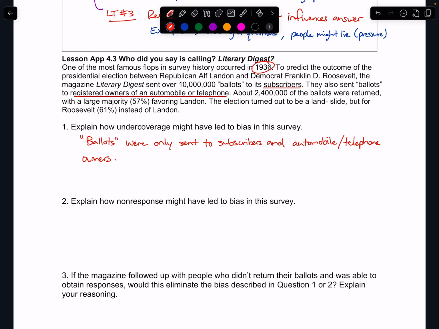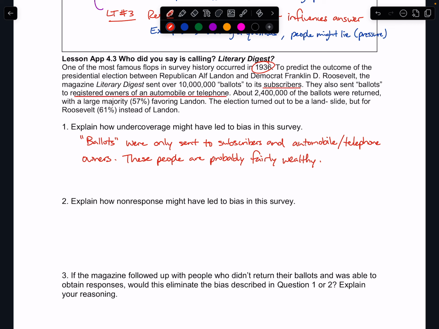If they have a subscription to Literary Digest, these people are probably fairly wealthy. There may even be a racial aspect to this. I don't know, to be honest, but there might be at this point in American history.